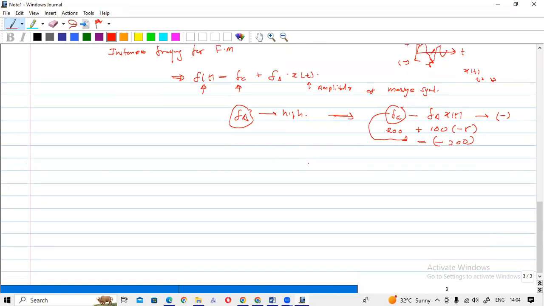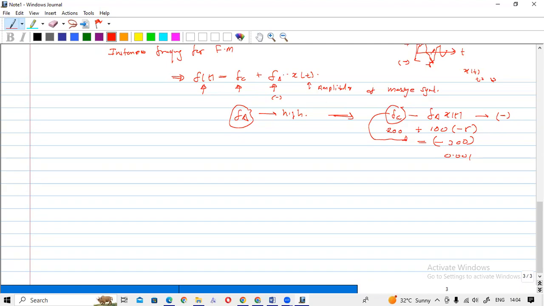Now you can see that to avoid this type of situation, if we keep this deviation very low, for example, if this deviation is 0.01 or something, then it will not be a minus value, it will be a plus value.